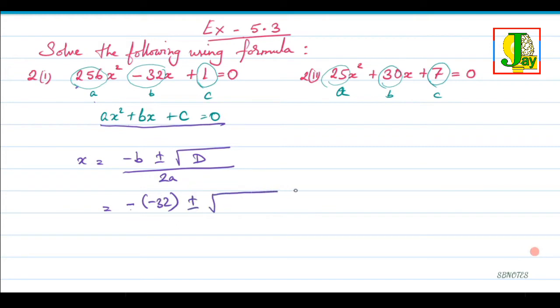Now you can just put the values. B square is going to be the same all the time, whether it is positive or negative. So b square means 32 square minus 4 into a is 256 and c is 1, divided by 2a. Sorry, a is 256.